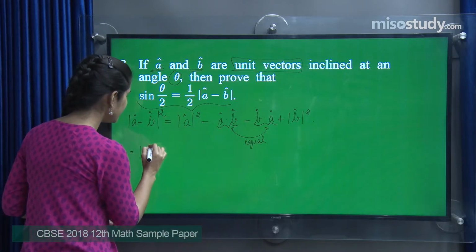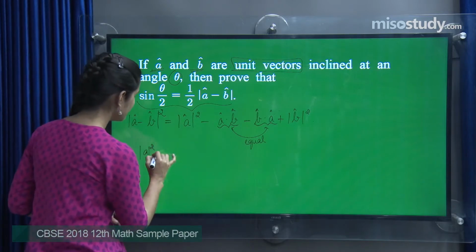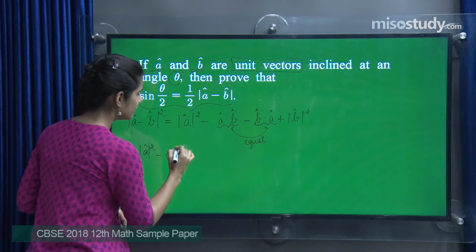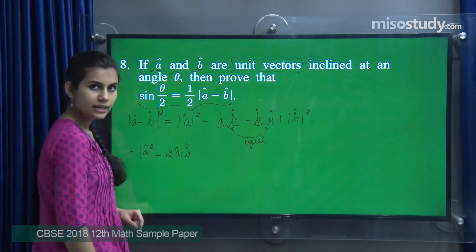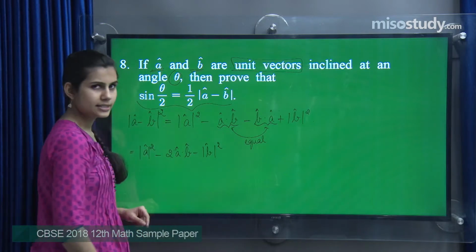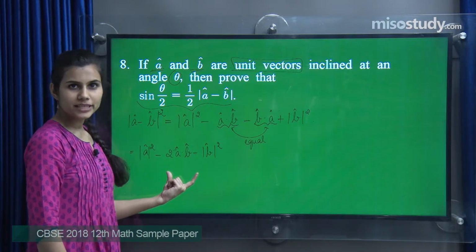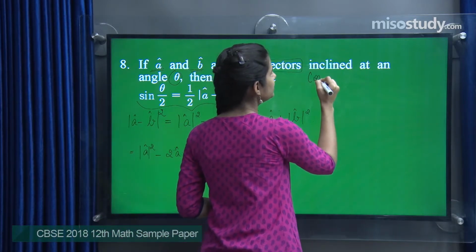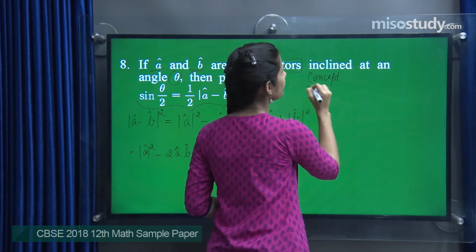And that is why this turns out to be this minus twice of A dot B minus this. Once this is obtained, what is the next thing you can do? Another concept which is required, let me write that down.